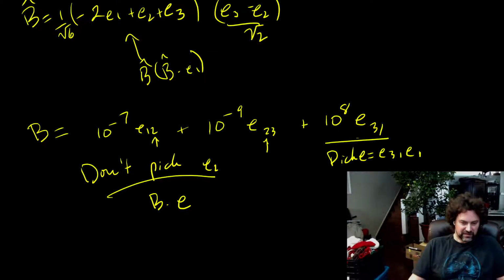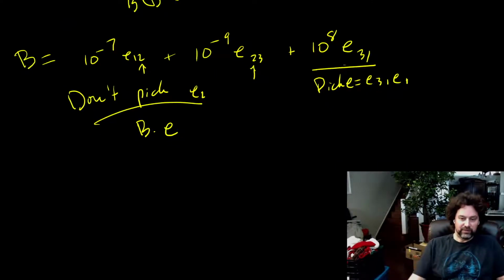So if you have a bivector like this, pick the one that has the largest absolute magnitude component or coordinate. So picking E3 or E1, the factors of the unit bivector for that component, pick those and then project that.